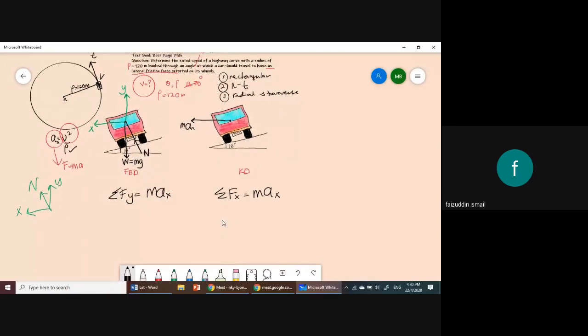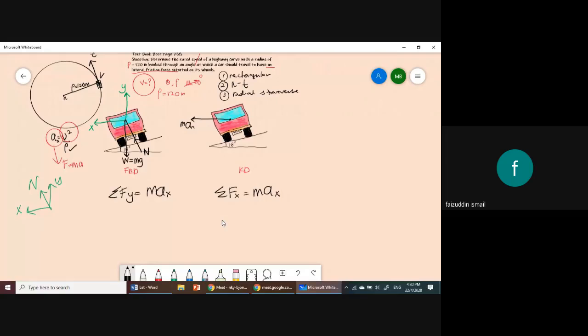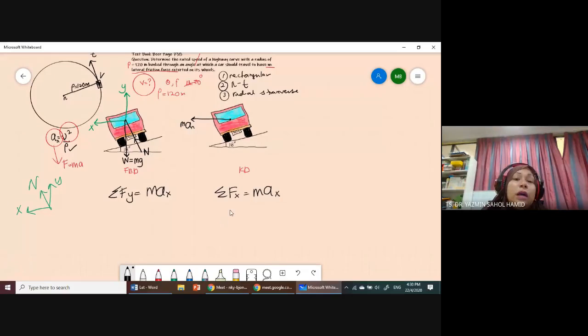Madam, why does the y-x axis not follow the inclined plane? Because your a_n is in the same direction as the normal force. It must be the radius, it must be the normal force. Must be perpendicular.